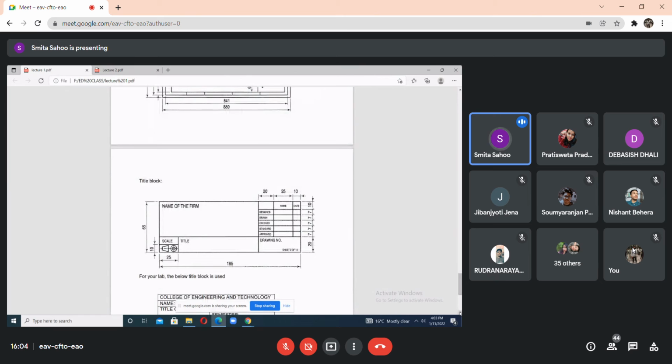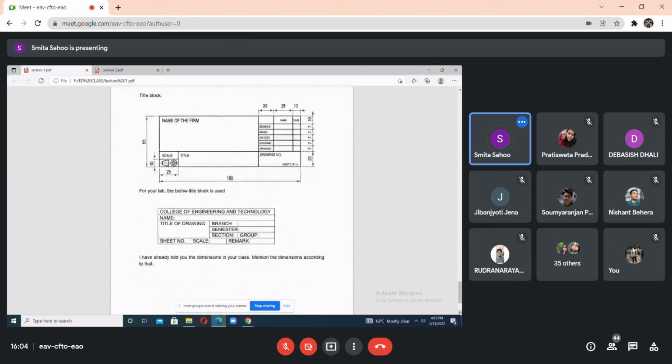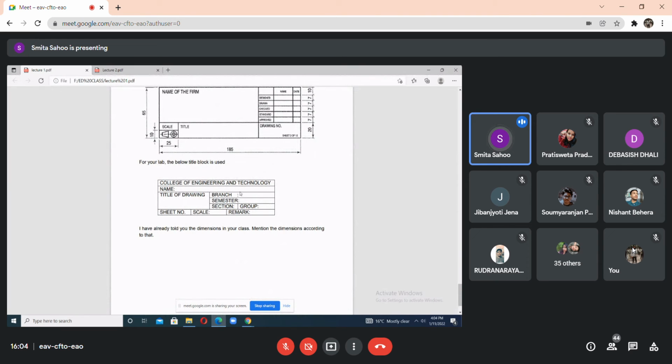This title box is actually used in the lab. Now in the first row, the name of the institution is mentioned, and in the second row, your name.